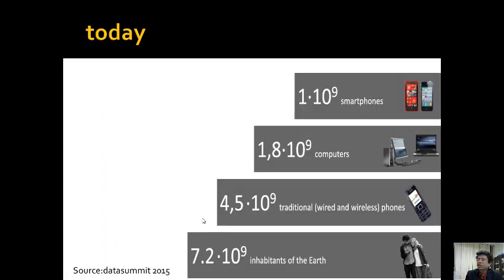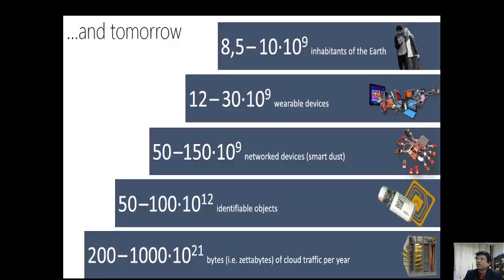If you look at it, we have around 1 billion smartphones, or 1.8 billion computers, or 4.5 billion traditional wired or wireless phones. This data is taken from Data Summit 2015, and roughly we have around 7.2 billion inhabitants of the earth.